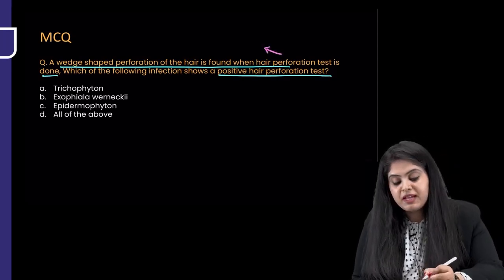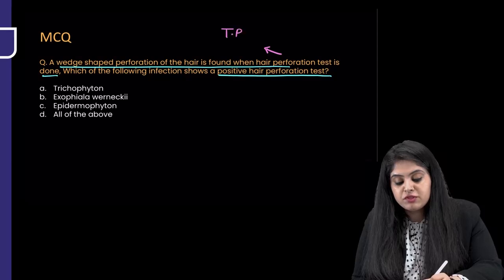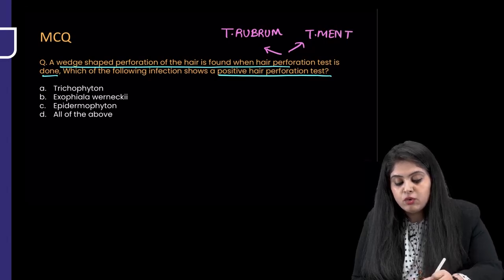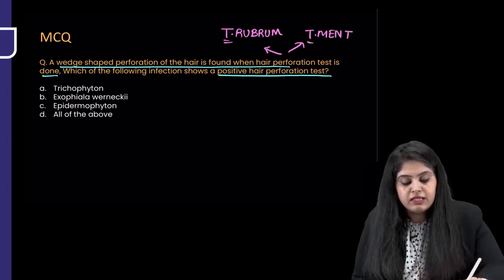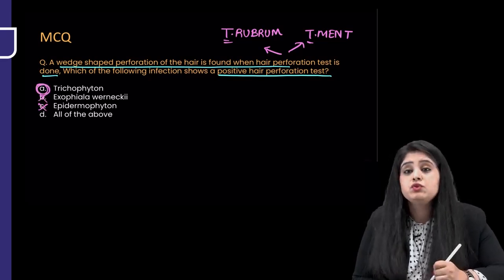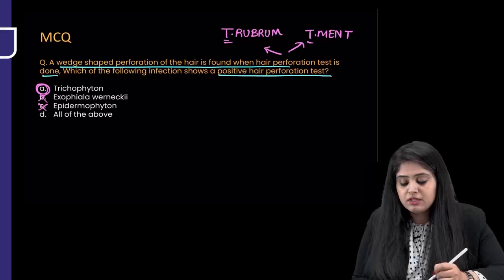If you remember, hair perforation test was to differentiate Trichophyton rubrum from Trichophyton mentagrophytes. So basically, what you were using it for is going to be Trichophyton species. I don't see any Trichophyton species except the first one. Trichophyton is there, and which of them was showing you a positive hair perforation test? You remember the mnemonic?